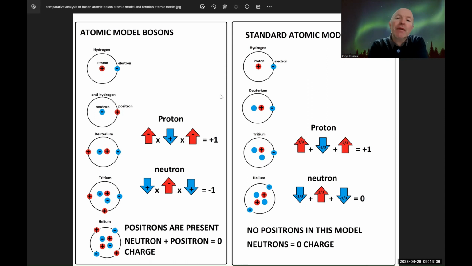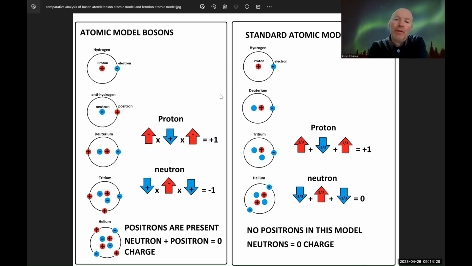And we're using charge calculations for the quarks based on up and down quarks, where an up quark in a proton has a charge of +2/3, and a down quark -1/3, and there are two up quarks and one down quark, and we add them together and we get an overall charge of +1.